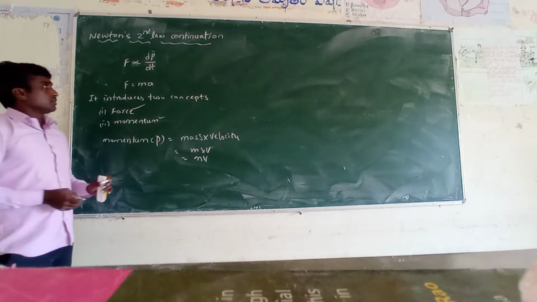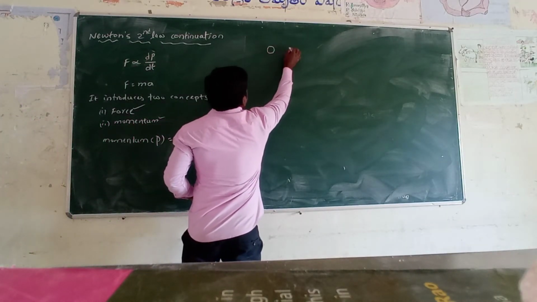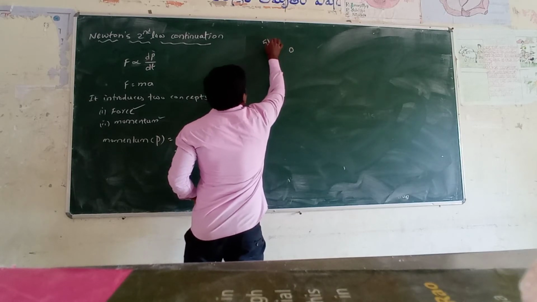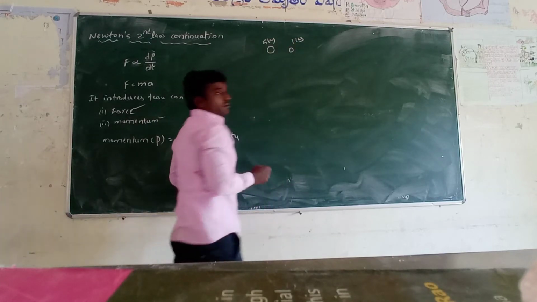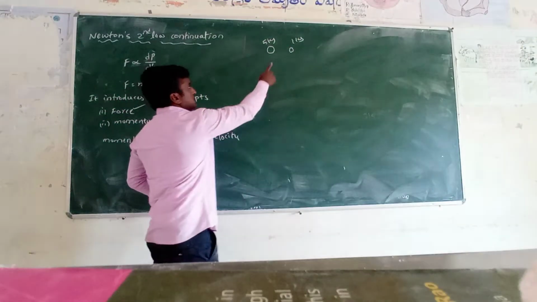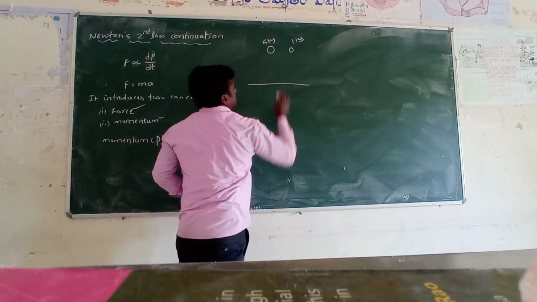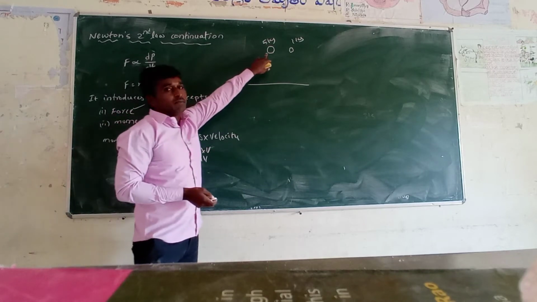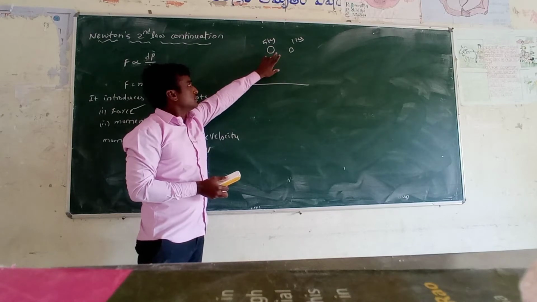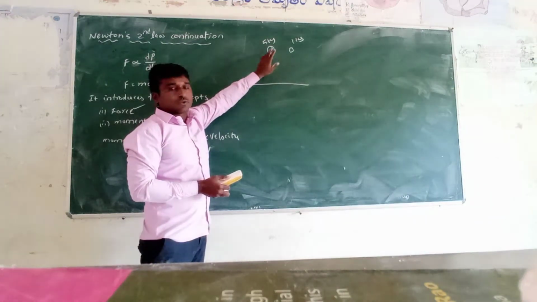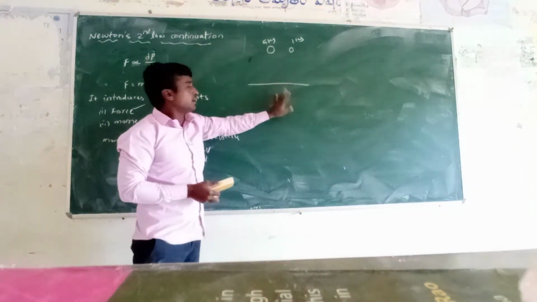If we take one example, I am taking two bodies, one is a 5 kg body and one is a 1 kg body, at the same height from the ground. Suppose these two stones are dropped from the same height onto the ground.